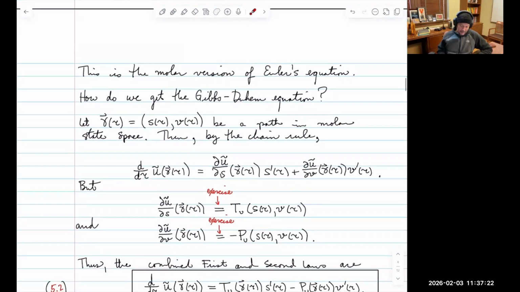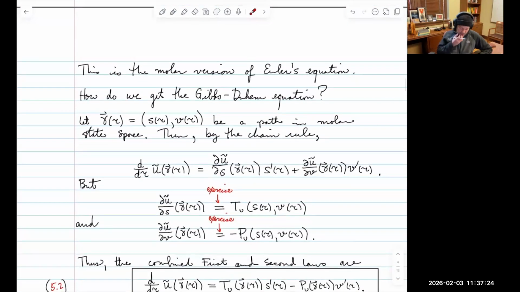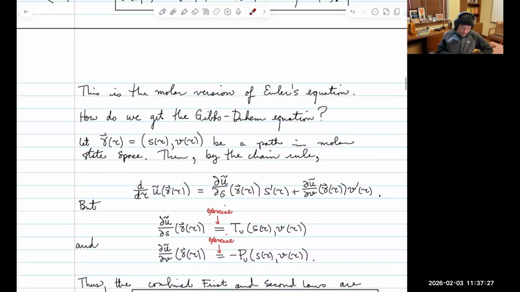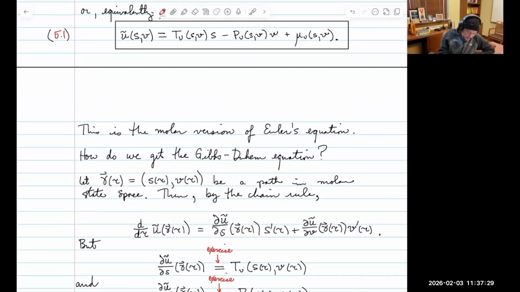So how do we get that? Let's look at this variable here, the dependent variable u, with s and v. Let gamma of tau be a path in molar state space, which has the following form: s of tau, v of tau.